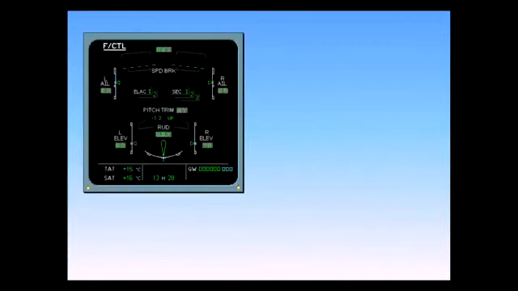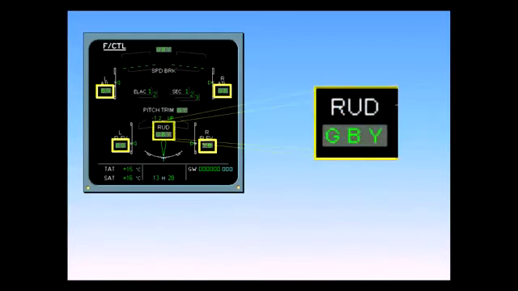The hydraulic systems which actuate each control surface are indicated on the ECAM flight control page by the use of G, B, and Y. For example, the rudder is powered by the green, blue, and yellow hydraulic systems. The ECAM flight control page is now complete.